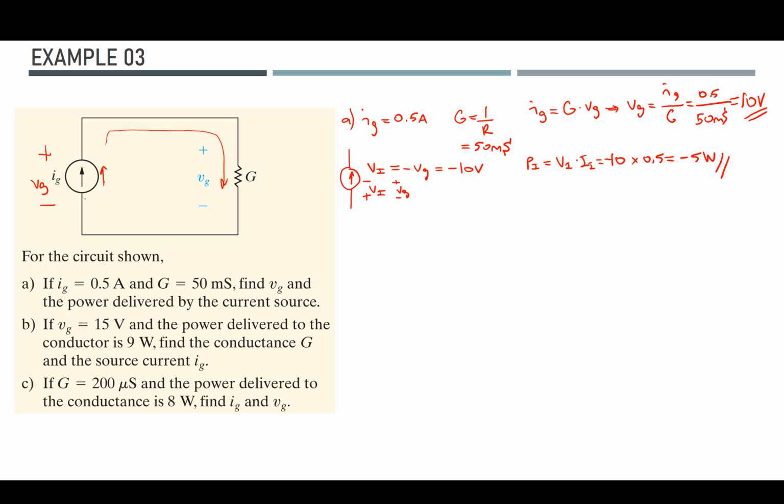Since it's a source, the power associated with it should be negative, and as you can see, I obtained this negative value using the voltage versus current relationship within the independent current source. Okay, we know that this is 0.5 amps.